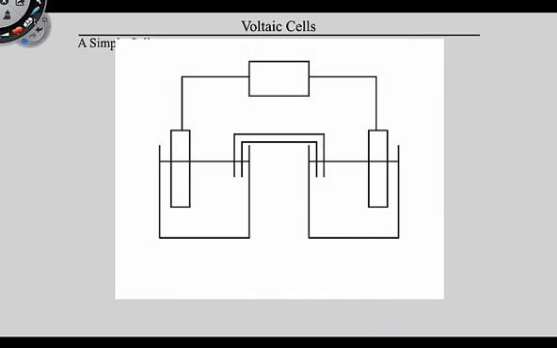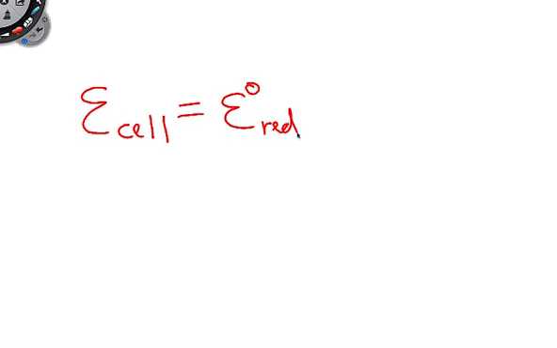Guys, what we're going to do then is utilize this equation that you need to write down with me. It goes like this. The E of the cell, the voltage, the electrical potential of the cell, is equal to E naught reduction. So let's talk about what that means. That is the reduction potential. We write reduction because that's the reduction potential.